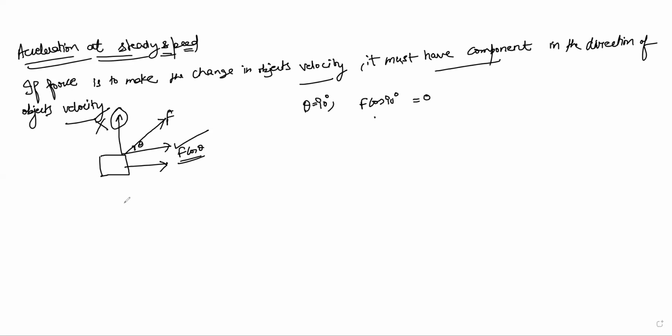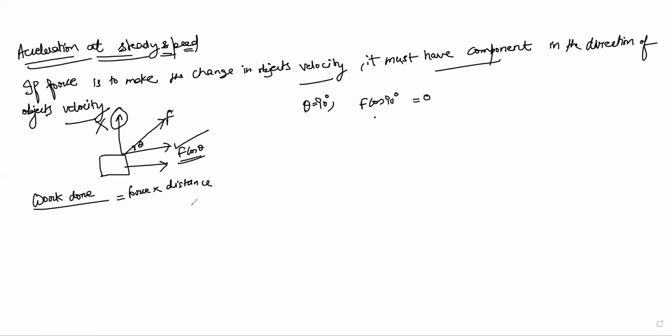Secondly, we can use the idea of work done also to explain this. How can we use idea of work done? See, we know that when object moves in a circle, its speed remains same, right? And work done is defined as force into distance, distance in the direction of the force, right?